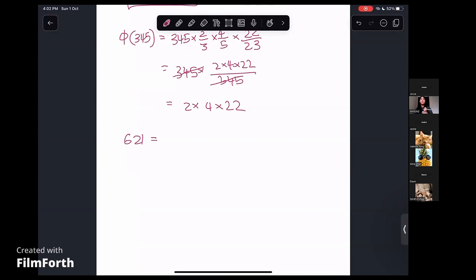So what's the prime factorization of 621? Any ideas?